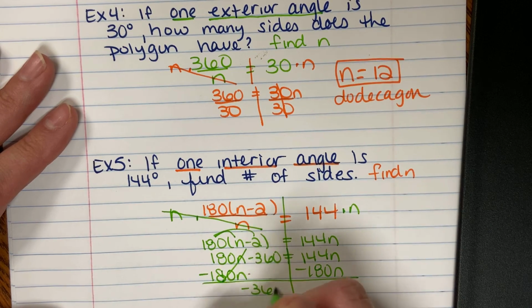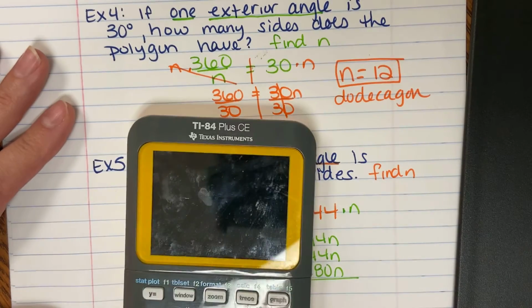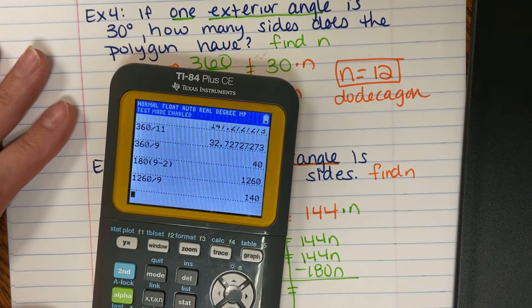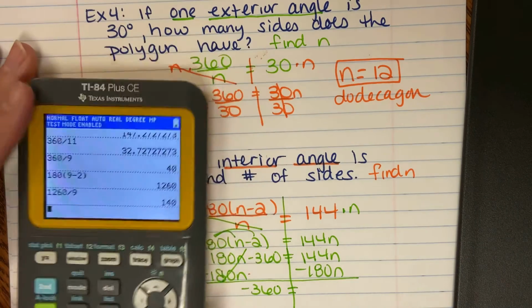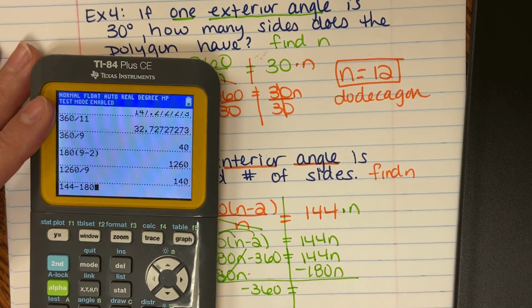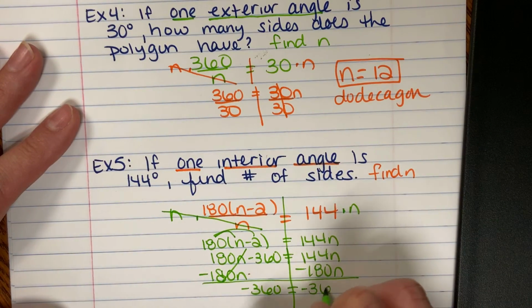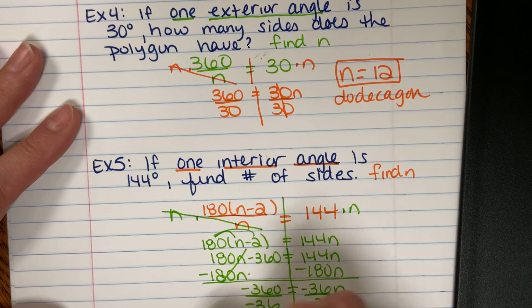Negative 360 equals, sorry, 144 minus 180, negative 36n. Divide by negative 36, divide by negative 36, n equals 10.